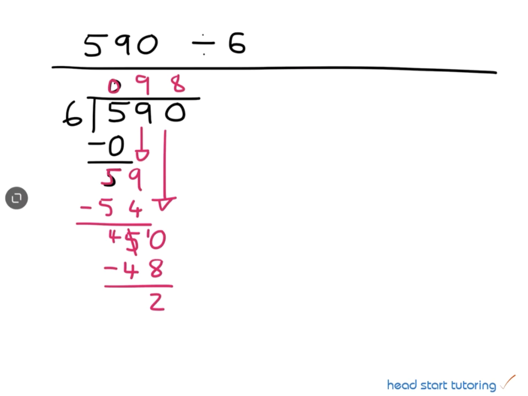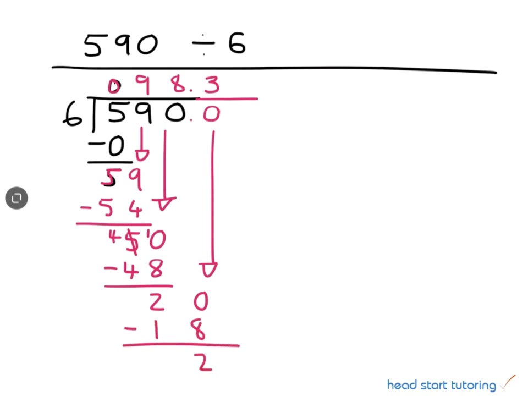So what we could do is just add 0.0 and 6 into 20, because now we bring down our 0 there. 6 into 20, we bring up our decimal point, and that will go 3 times, which is 18. 3 times 6 is 18, and we get a remainder of 2. 20 minus 18 is 2.